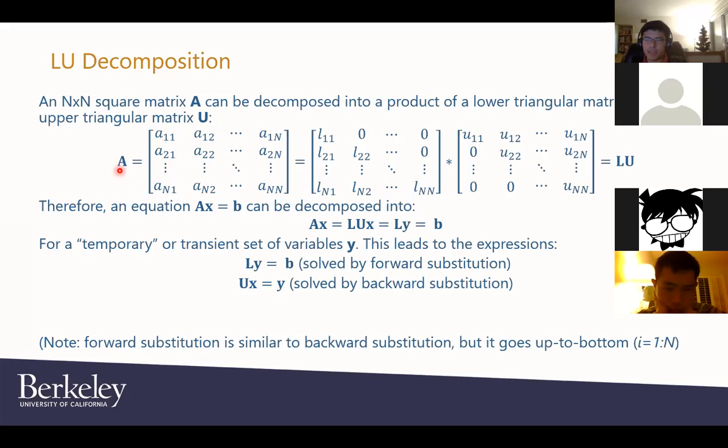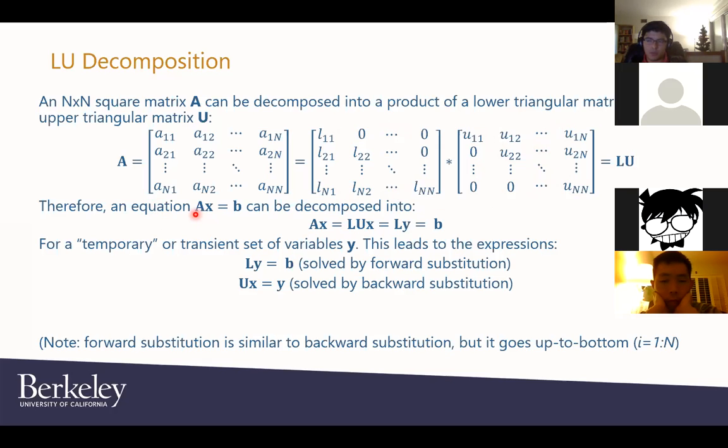So if we have a matrix A of all these coefficients, we can decompose it into a lower triangular L times an upper triangular U. So L times U. And again, upper and lower triangular mean that for lower triangular, we have values for everything below the diagonal and the rest is 0. Upper triangular, we have values on everything above the diagonal, everything else is 0.